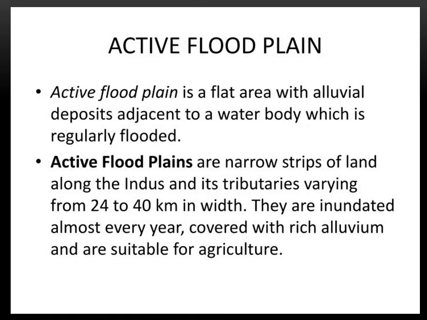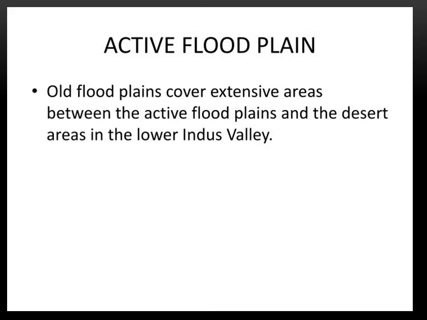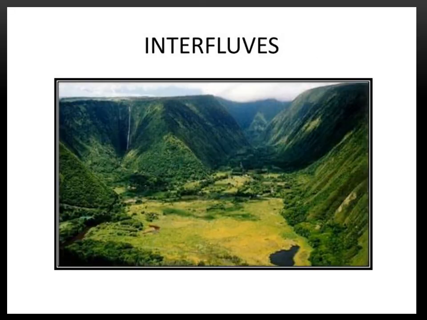Inundated means they are overflowing with water. They are flooded almost every year, covered with rich alluvium and are suitable for agriculture. But the old floodplains cover extensive areas between the active floodplain and the desert areas in the lower Indus Valley.